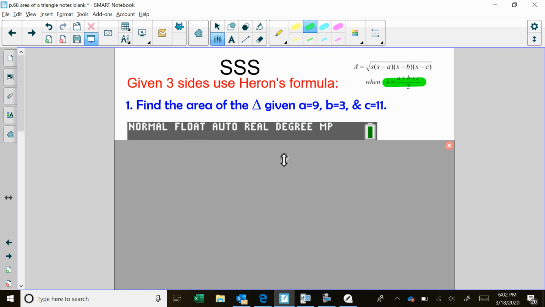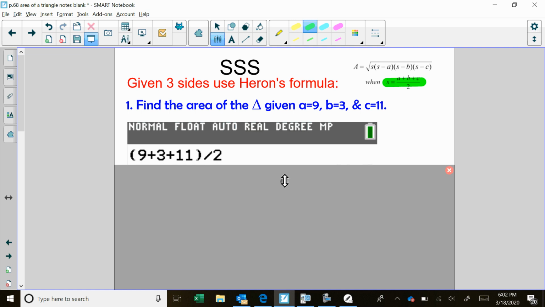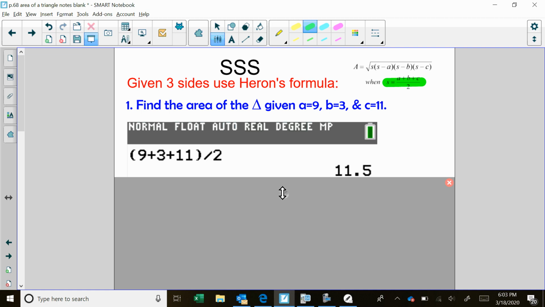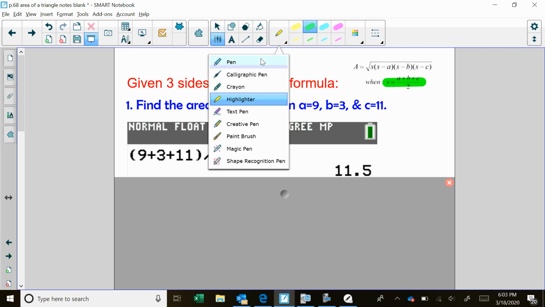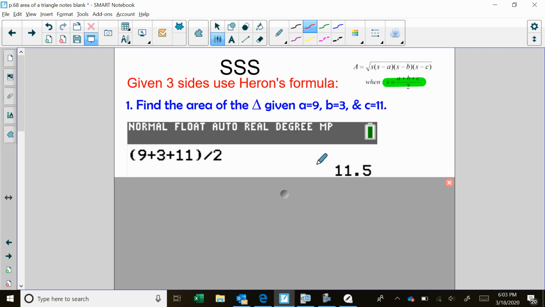So in the calculator, 9 plus 3 plus 11, all divided by 2. It's 11.5. So that becomes the S value for the problem.